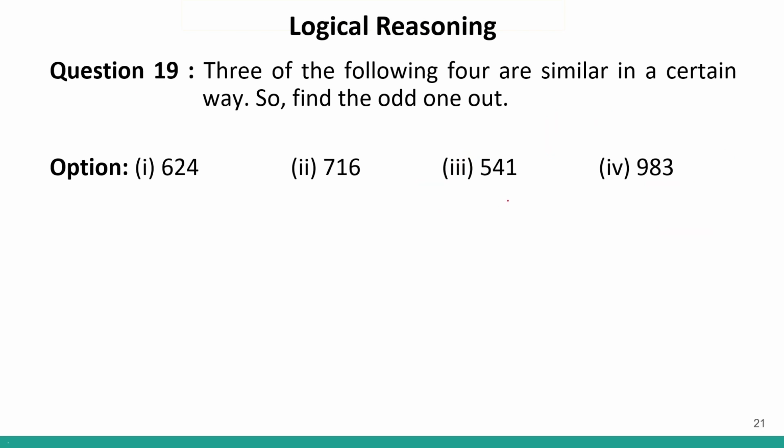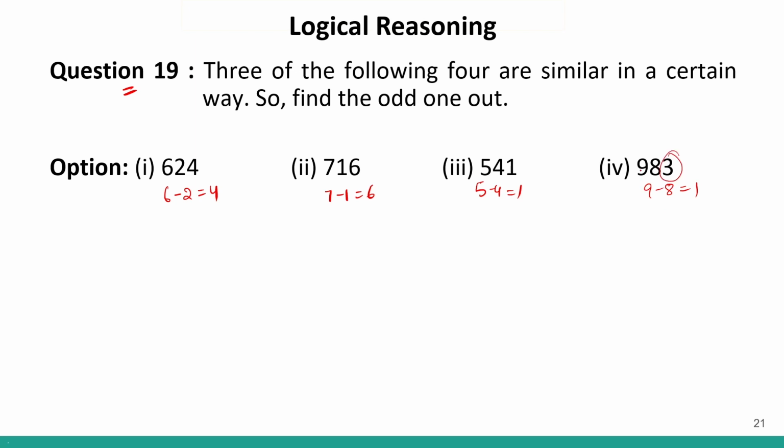Now, question number 19. Again, 4 options are given to us and we have to identify. So if I look at option number 1, I can say 6 minus 2 will give me 4. Similarly, over here I can say 7 minus 1 will give me 6. 5 minus 4 will give me 1. And 6 minus 8 should give me 1.